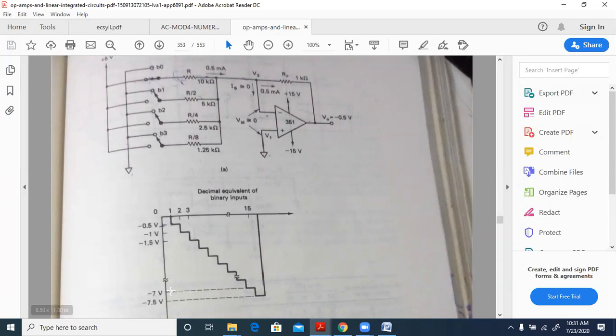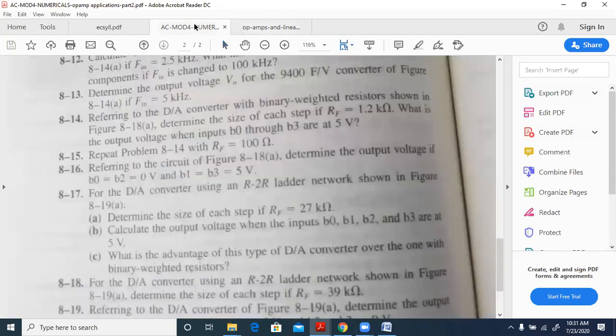So 0.5 into 15 will give minus 7.5, that is the maximum possible. In our case, 0.6 into 15 will be minus 9 volts with a minus sign there. Minus 9 volts, that will be the maximum. And that is the answer for the question over there.